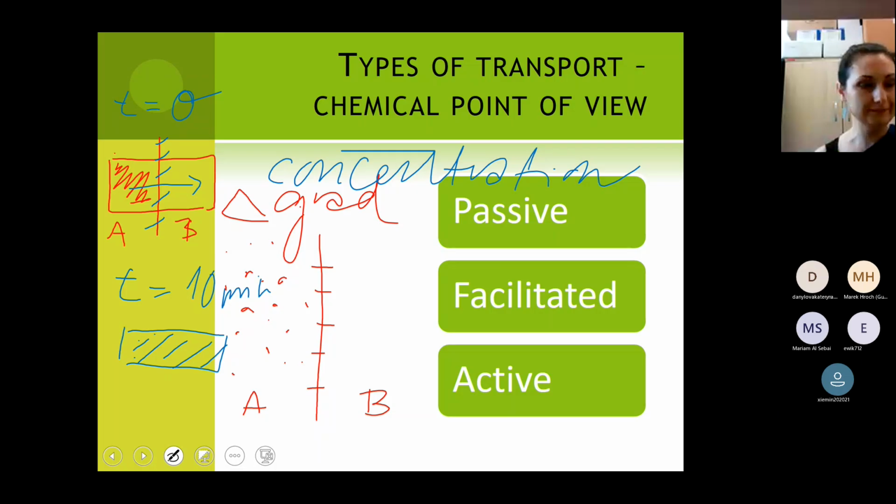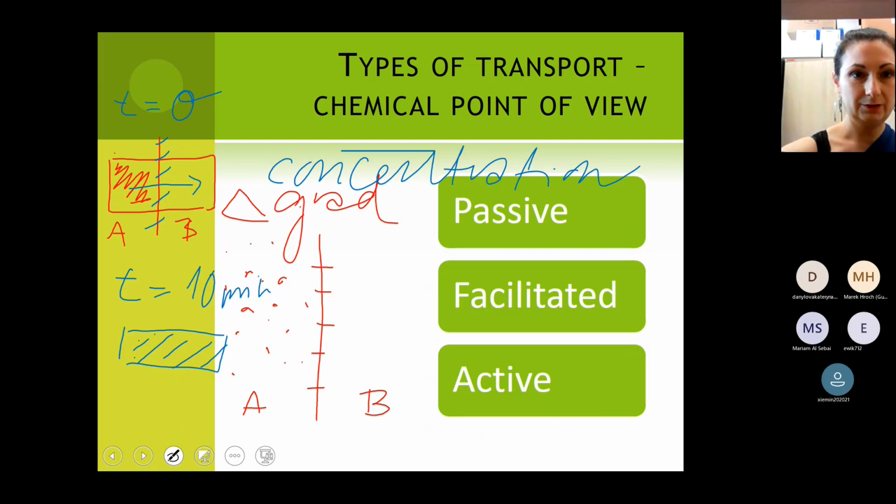Yes. Okay. But in contrast to this transport, active transport is usually against the concentration gradient. So it means that I have a room.